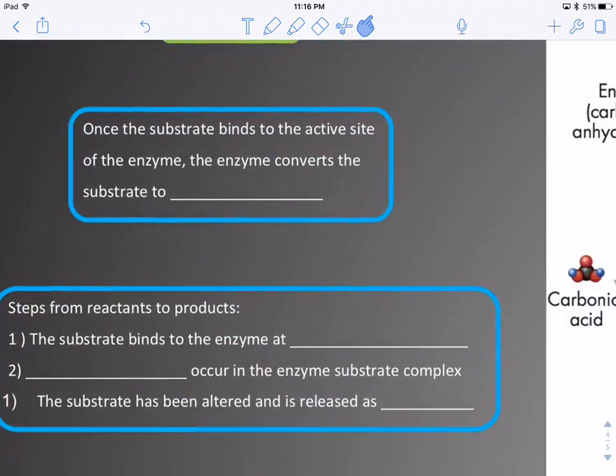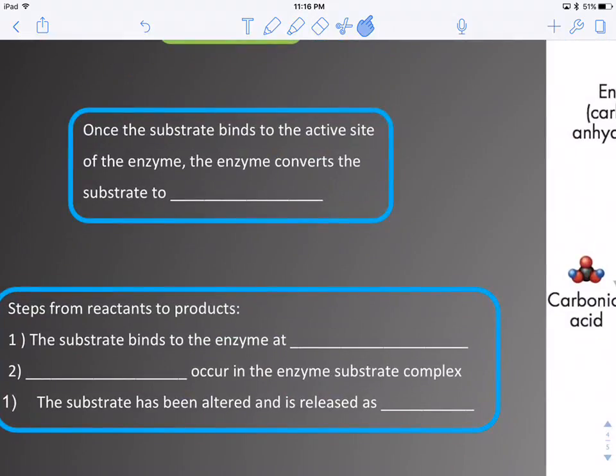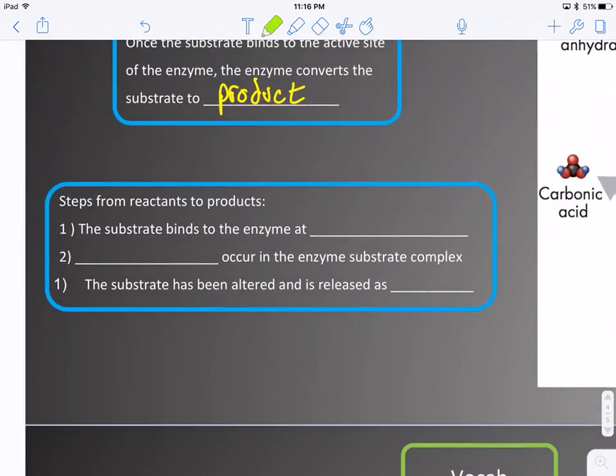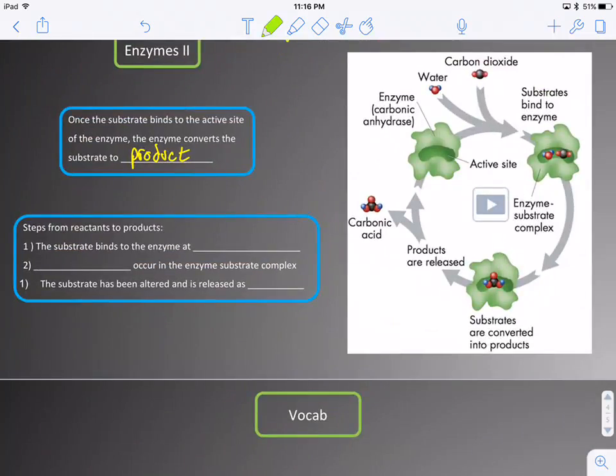Okay? So what happens is once the substrate binds to the active site of the enzyme, chemical reactions occur and the enzyme is able to convert the substrate to product. Okay? It's able to make it into product. And you can see that going on right here, okay?